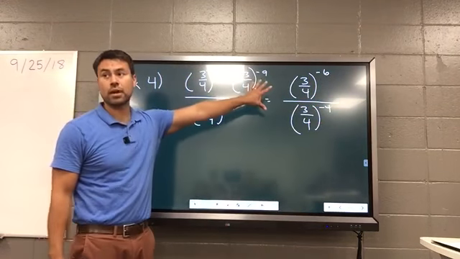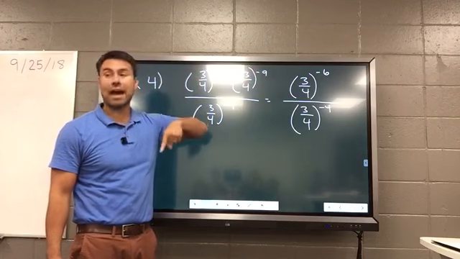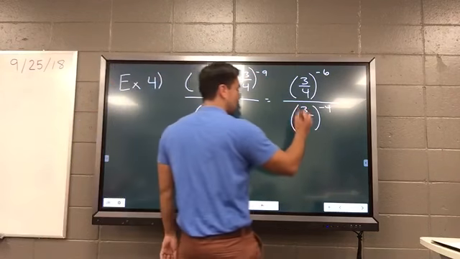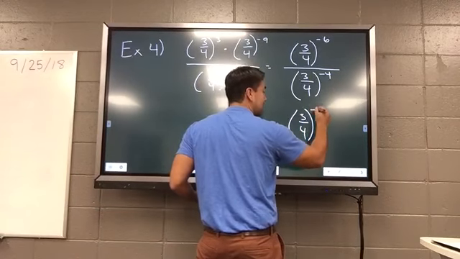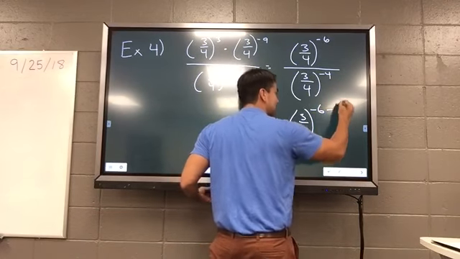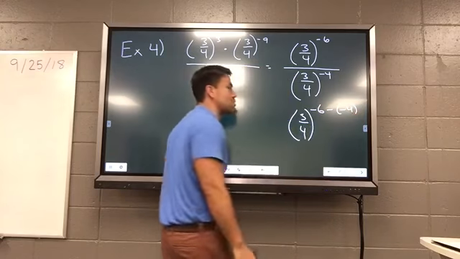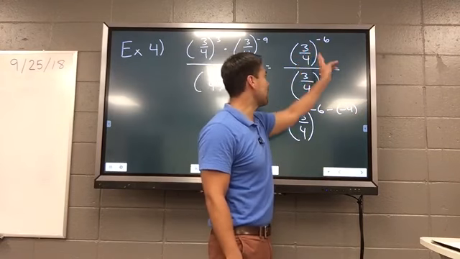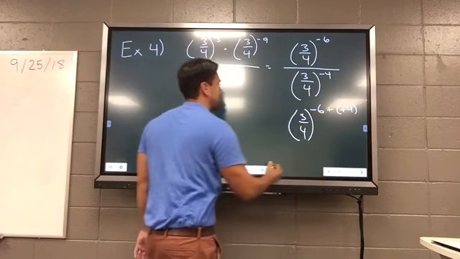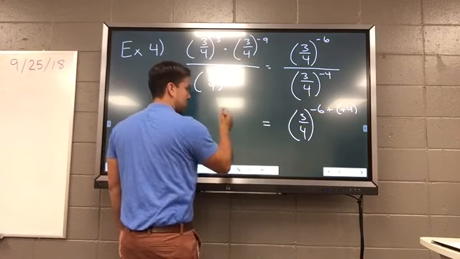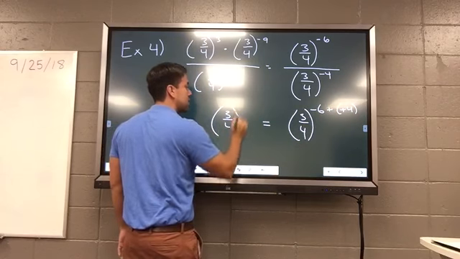Most of you got to this point. But you have to subtract. So you do 3/4 to the negative 6 minus negative 4. Negative 6 minus negative 4 changes to the opposite. What's that? Negative 2. It equals 3/4 to the negative second.